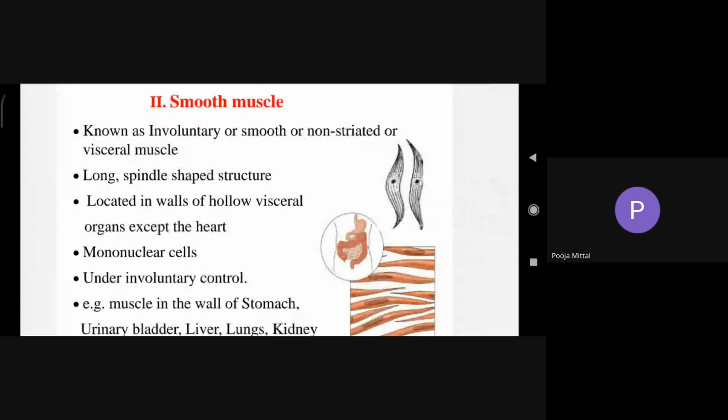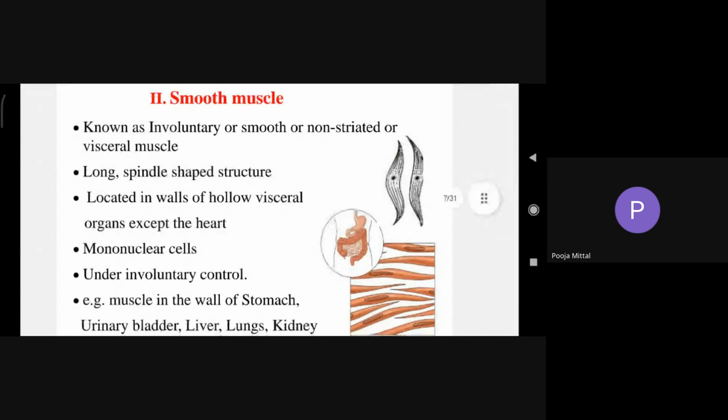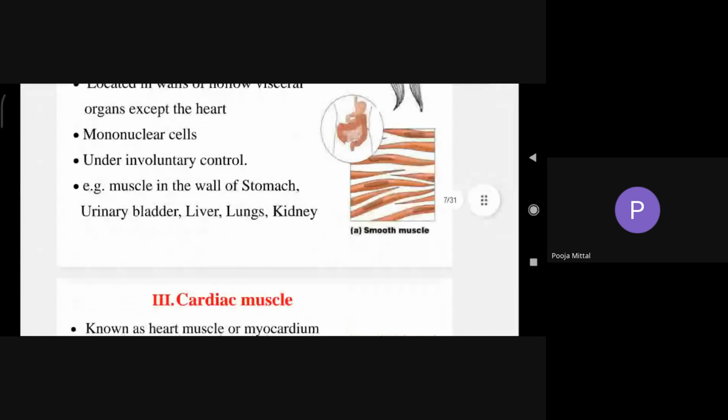Next is smooth muscle, known as involuntary, smooth, non-striated or visceral muscle. They are long, spindle-shaped structures located in the walls of hollow visceral organs except the heart. They are mononuclear cells, meaning only one nucleus is present in one single cell.